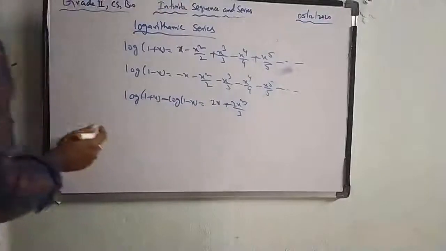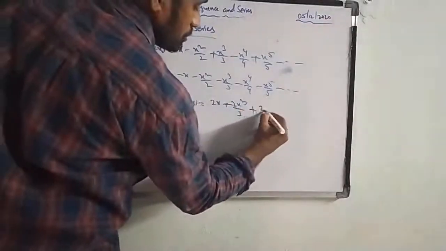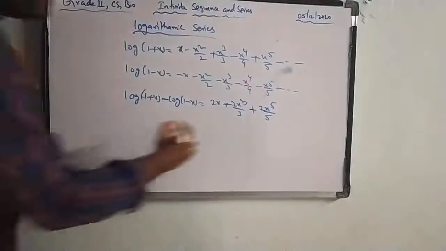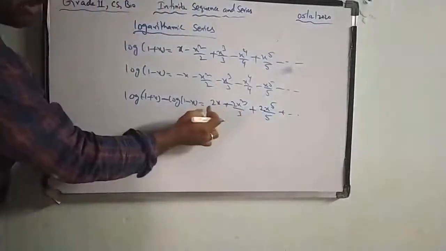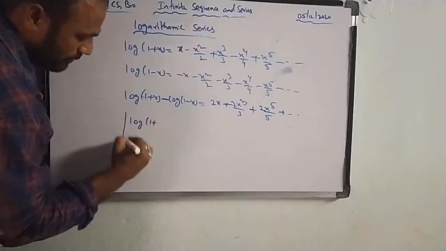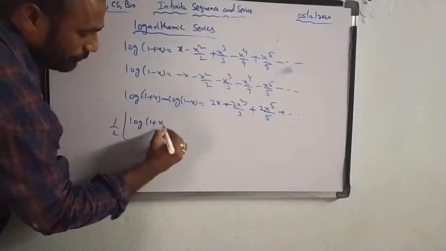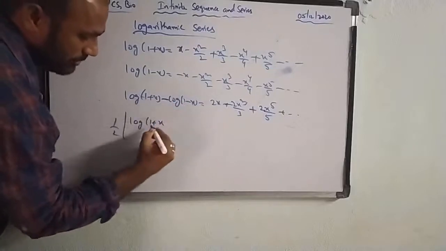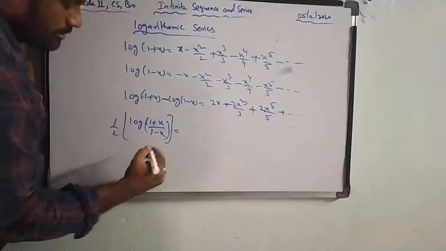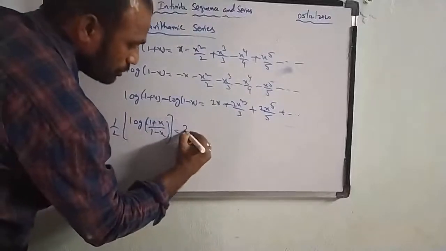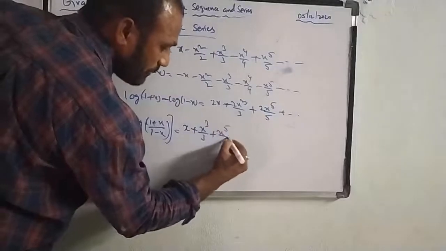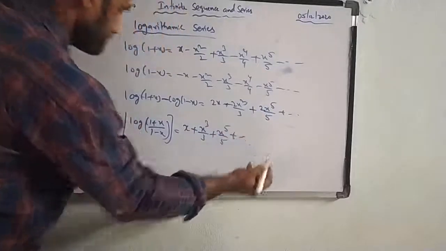So 2 terms get cancelled, and we get 2x plus 2x cube by 3 plus 2x power 5 by 5 plus so on. I will take 2 common in this, so it will become log of (1 plus x) by (1 minus x). Log a minus log b can be written as log a by b, which is equal to 2 times x plus x cube by 3 plus x power 5 by 5 plus so on.